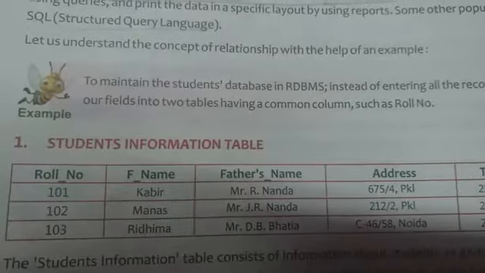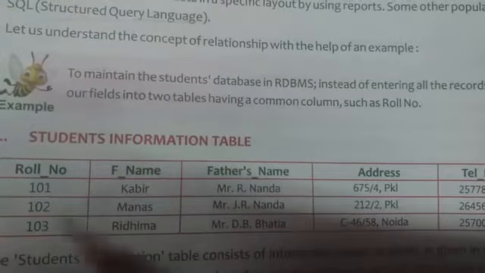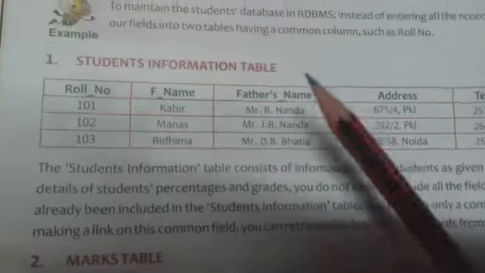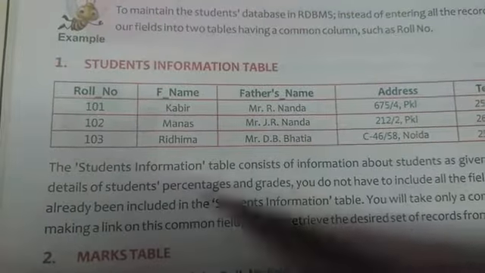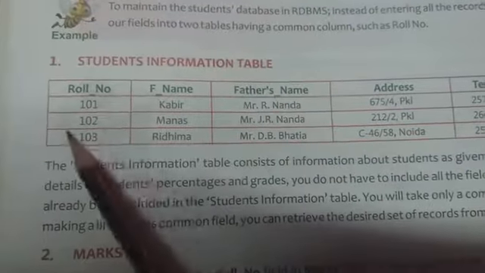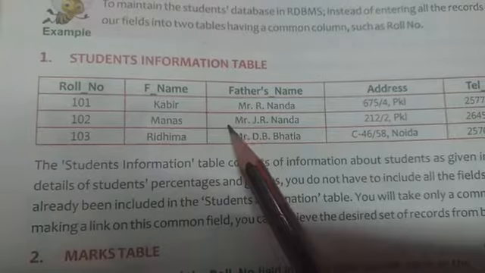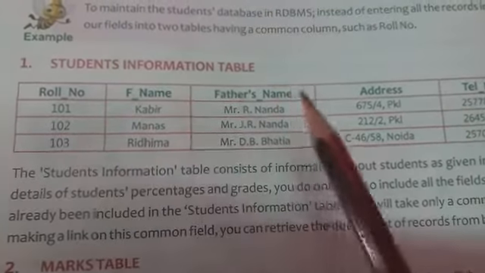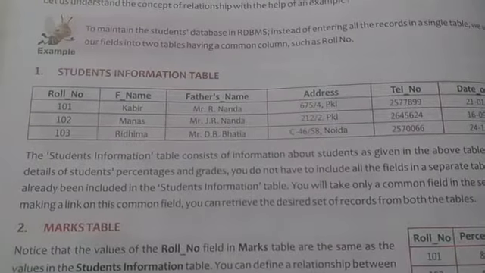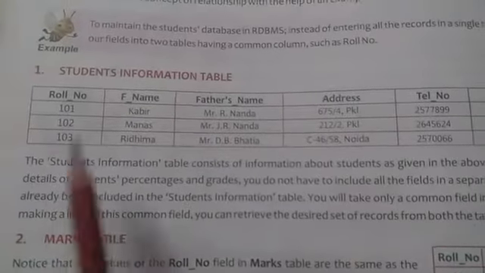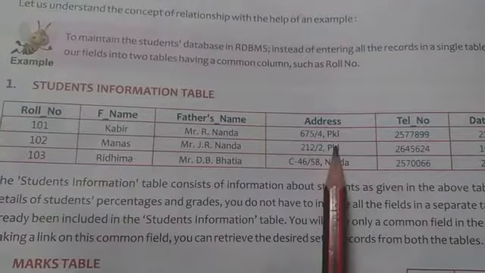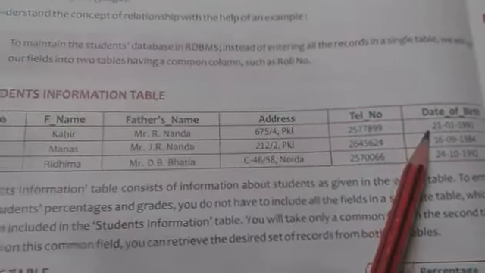For example, if we want to store students' records, then in place of creating one table we can create two tables. In the first table we can enter simple information of the student, that is roll number, father's name, address, telephone number and date of birth.